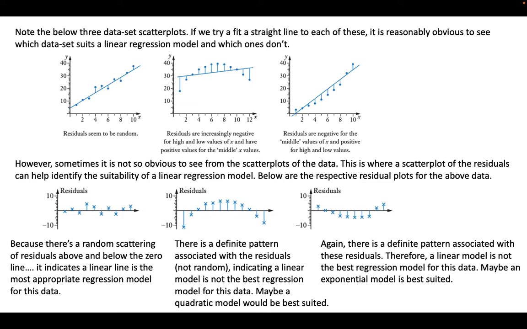Now in this course, we don't need to know or understand exactly what non-linear models are. We just need to identify whether a linear model is suitable, like here, or not, like in these two situations here. So we're looking for either randomness in our residuals to tell us a linear model is good, or a distinct pattern, so not random, to tell us a linear model is not.